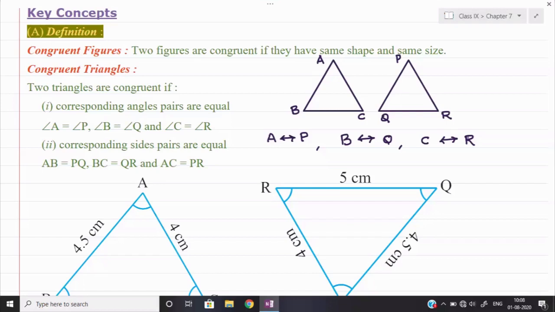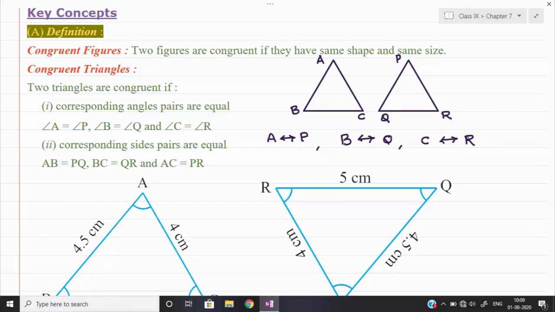If we talk about the sides, which sides are corresponding? So observe, AB is coming on the left side and in triangle PQR, PQ is coming on the left side. So AB is corresponding to PQ. Similarly, those two sides which are coming at the base, BC and QR, are corresponding.